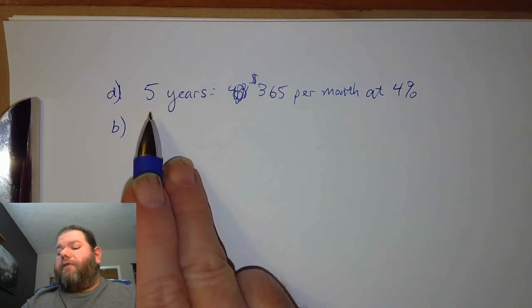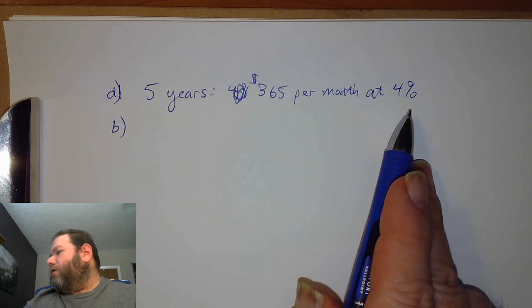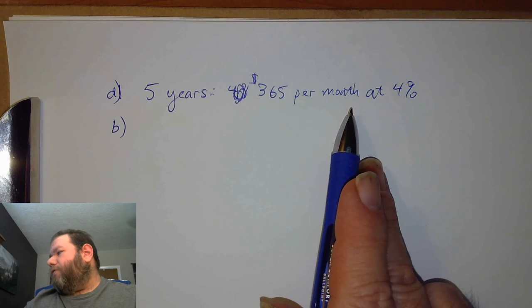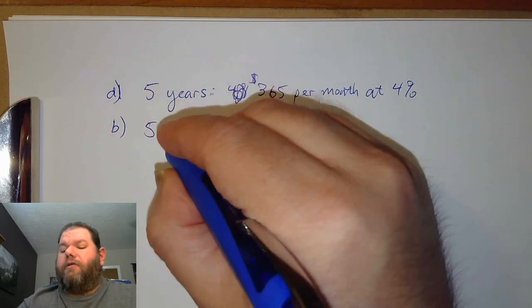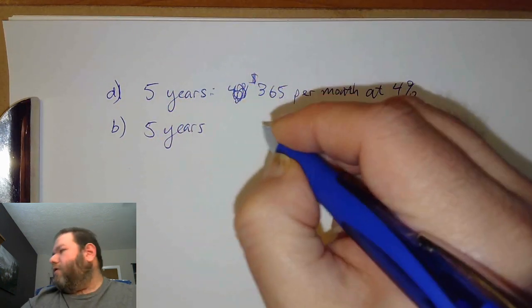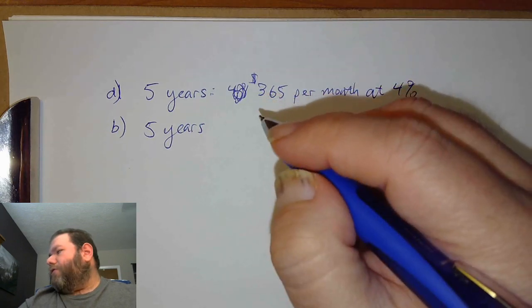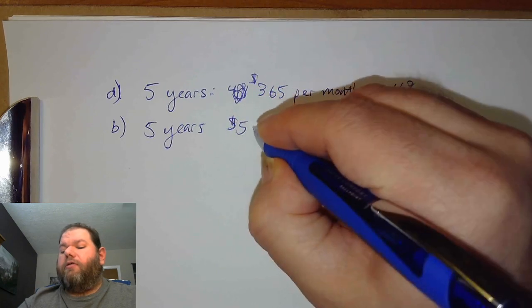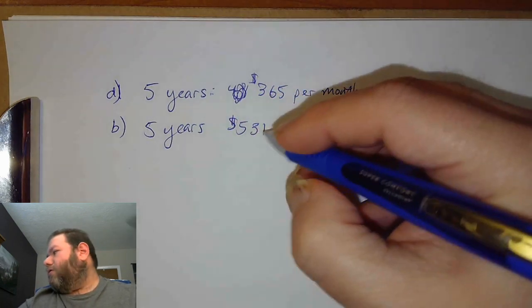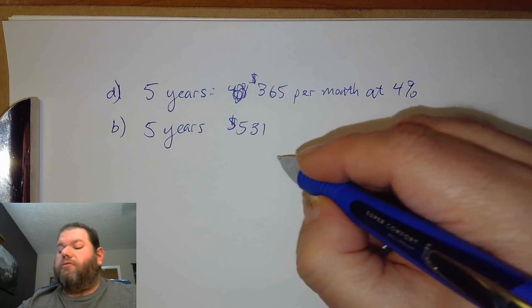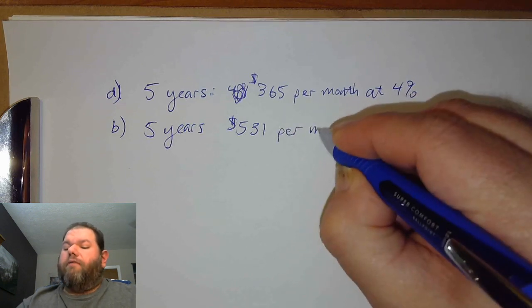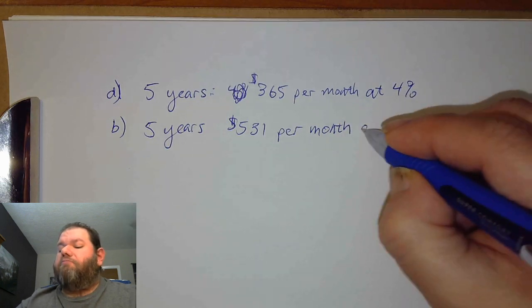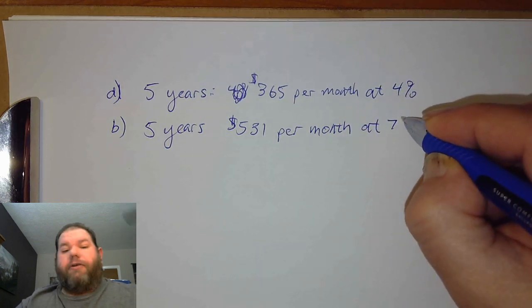After this initial 5 years, we then take that money and then deposit for another 5 years at $531 per month at 7% interest. $531 sounds like such a weird number to deposit every month, but not going to argue.